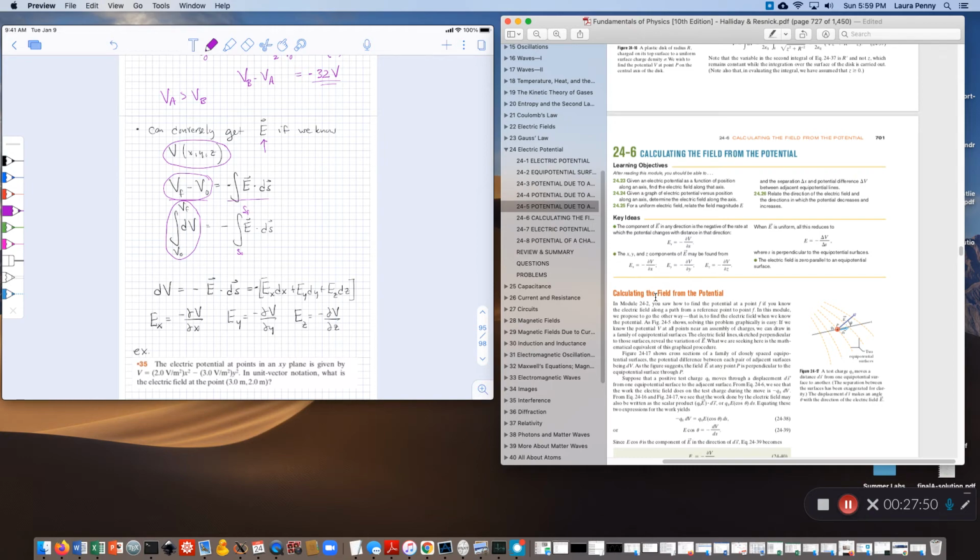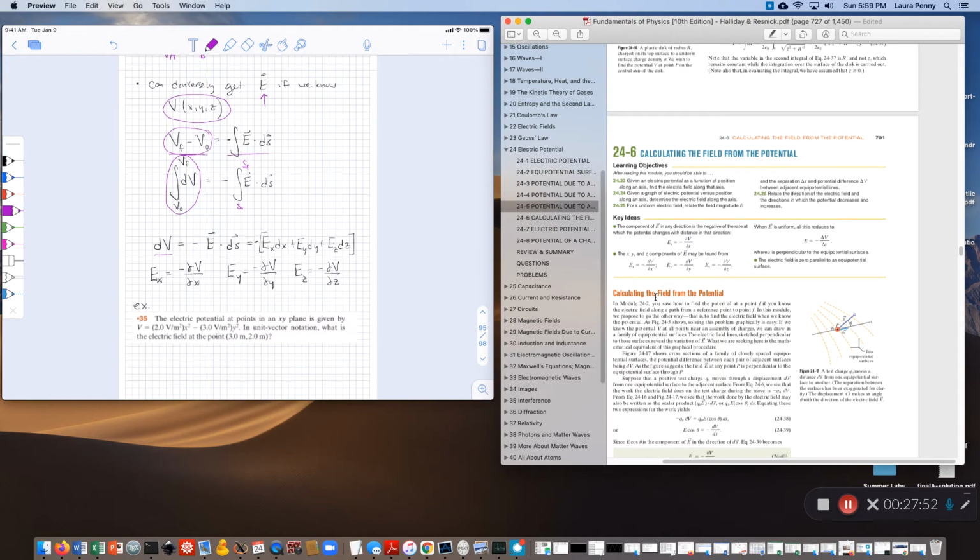I can get rid of the integration so that all I have is dV on this side and negative E dot ds on the other. Now negative E dot ds is this: the x part of the electric field with dx, the y part with dy, and the z part with dz. That's what this dot product is. Essentially, ds is dx i hat, dy j hat, dz k hat.